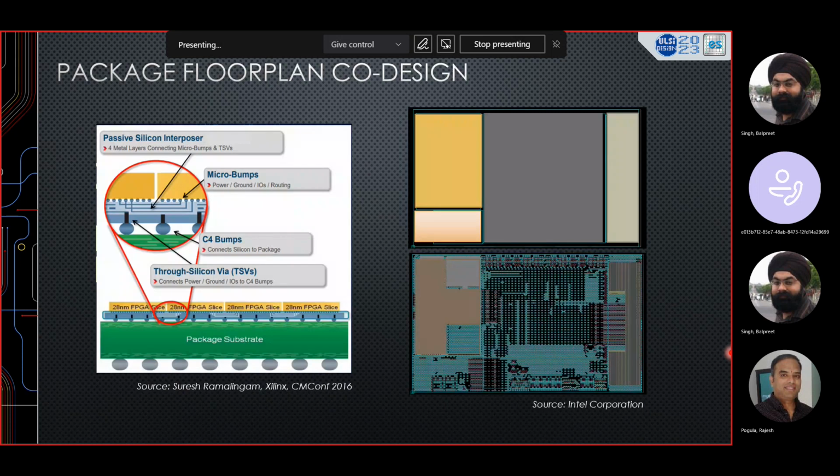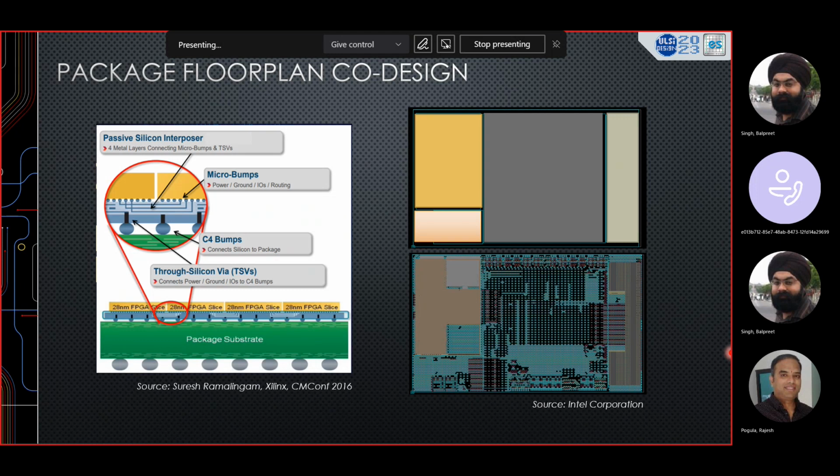Here is an example of a floor plan, right? As I was talking about, you might have a number of floors, right? First floor, second floor, and so on. But since the power is going from the ground floor, because the package is the one which is talking to the ground floor, and how it is going to the top floor, right? What are the different components in the ground floor?